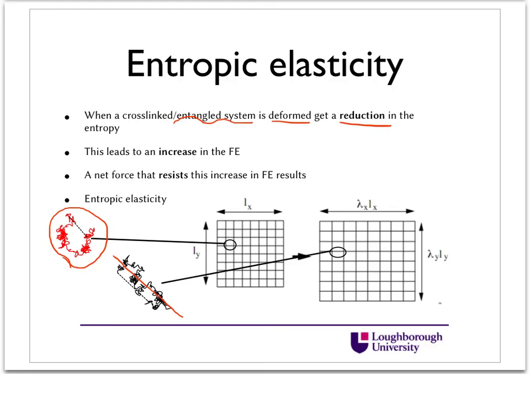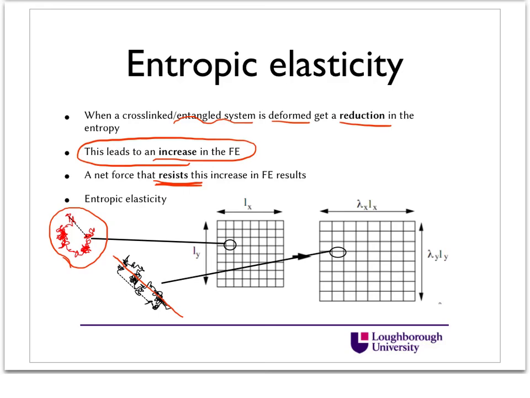So if the entropy is reducing, the free energy of the system must be increasing. Now remember, systems want to reduce their free energy, so the effect of that is that nature gives rise to a force that resists that increase in free energy. And so it resists the increase in free energy, and whenever possible goes back to the original state it was in, going back to a reduced free energy.